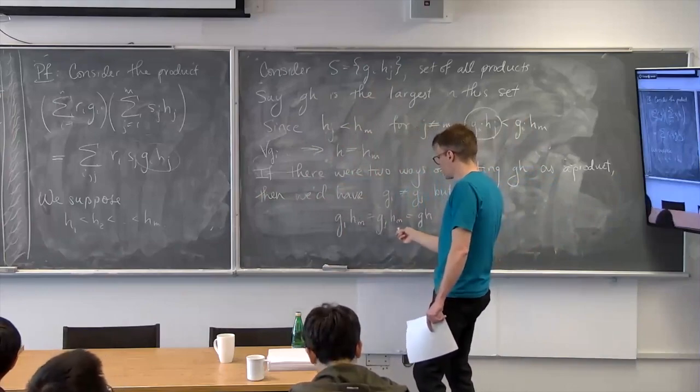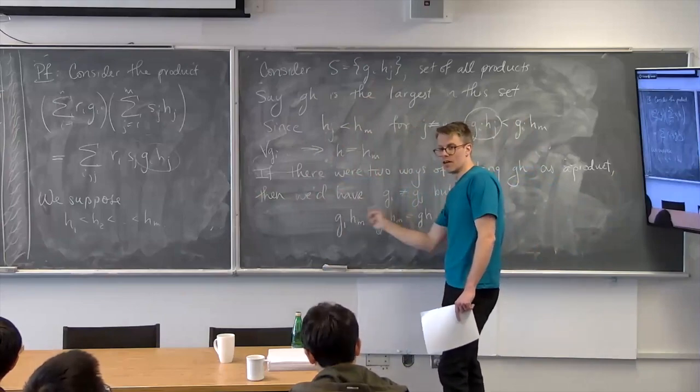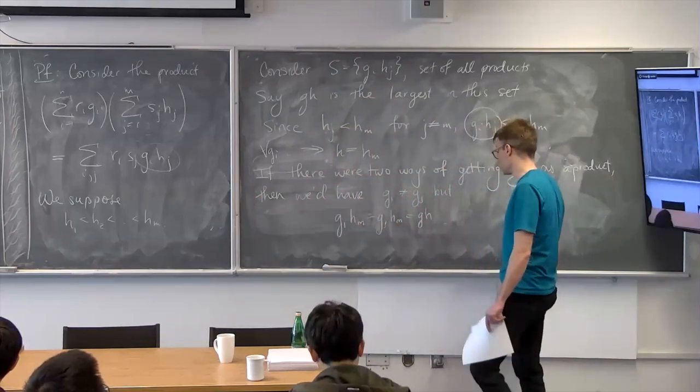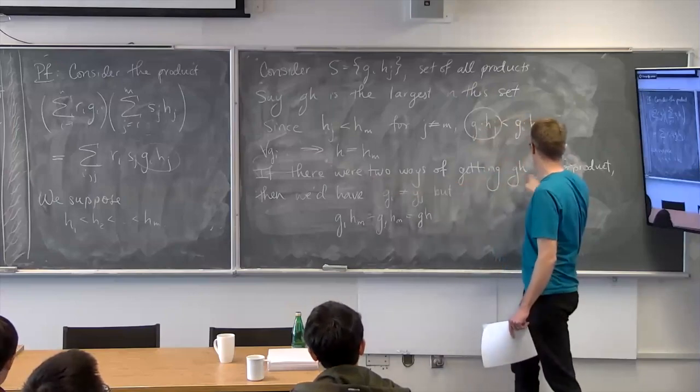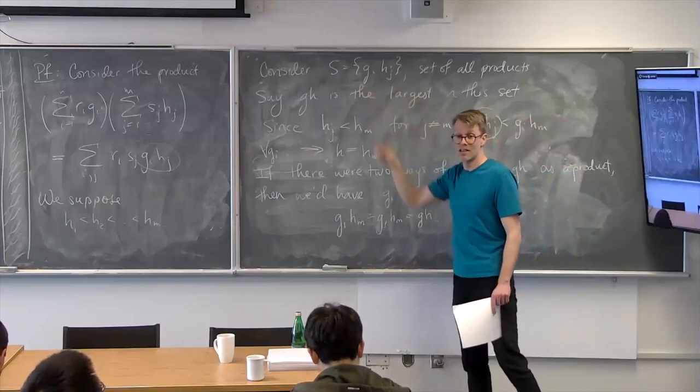Right, you see this makes no sense because we're in a group, so we can cancel on the right and find that Gi should be Gj. So this doesn't happen. There's not two ways of getting GH as a product in this set.